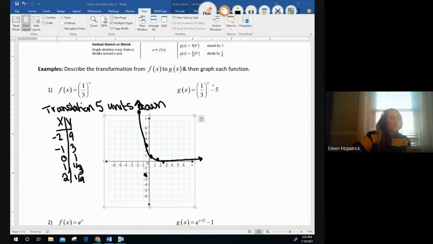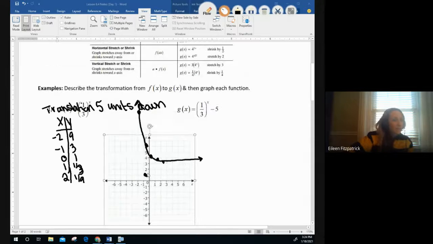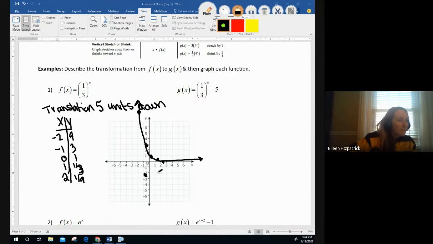I don't know why I can't graph past a certain point. This is as low as I think I can go. Pretend that's down at -4. Okay, and so on and so forth. This one would go down 5. I'm up to 9. So 8, 7, 6, 5. And then you would graph that function.